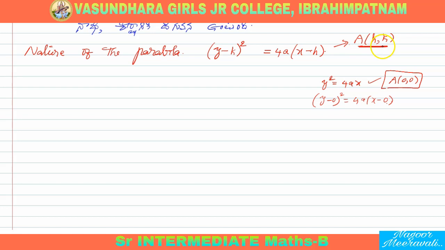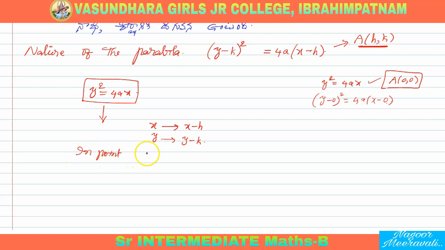So in the parabola the properties have changed: you can write x as x minus h and y as y minus k. In the points, the x coordinate can be added by plus h, the y coordinate by plus k. So they are the hints to write the equations and coordinates of the points.